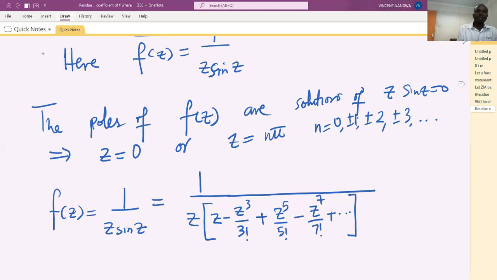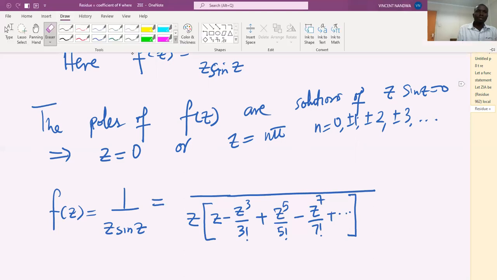So this is how we can write the function 1 over z times sine of z.